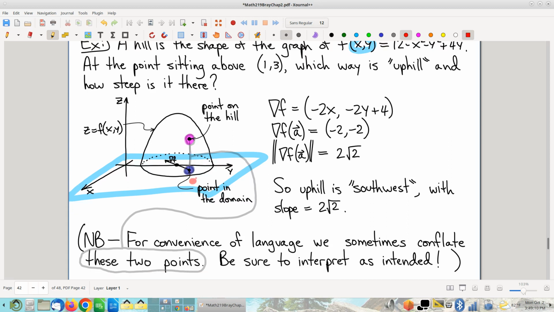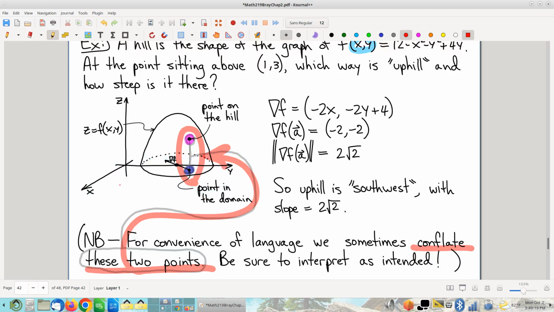I'm going to refer to being at an x and a y, and of course in reality I'm at an x, y, z, but I'm not going to say it that way. Does that make sense to everybody? This is very common, so you need to be on the lookout for it. It is a confusing thing, but that's just how people talk in these situations.